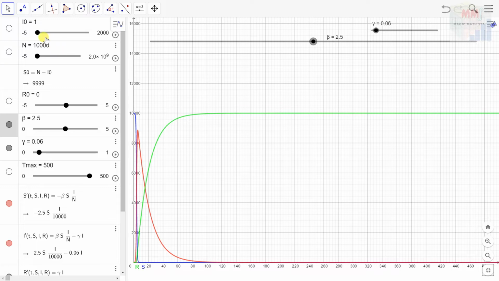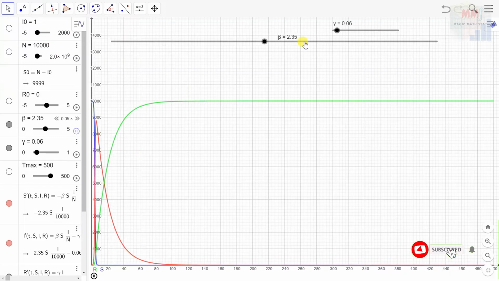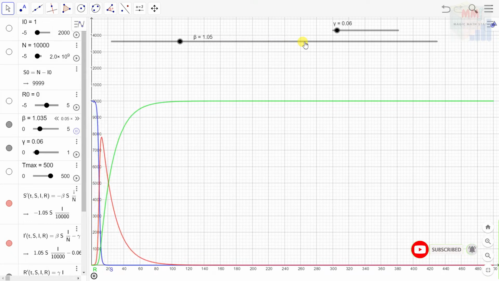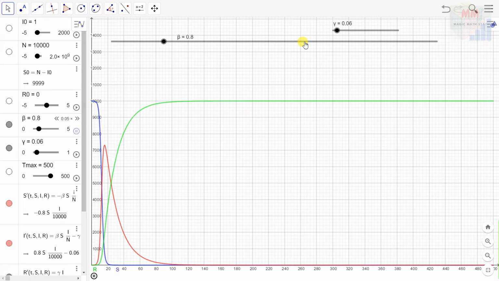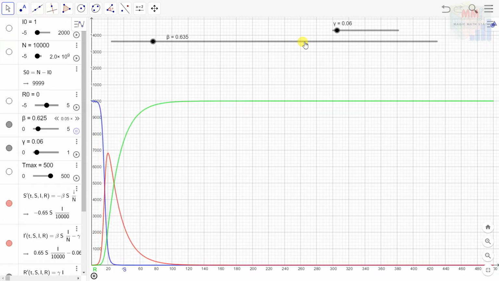So the question is, what can we really do to prevent this? Well, let's get back to the graph and see what happens when I gradually decrease the value of beta. The peak of the red curve is falling down and the spread or dispersion is getting bigger.